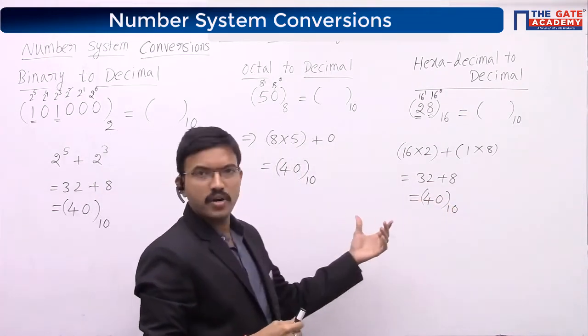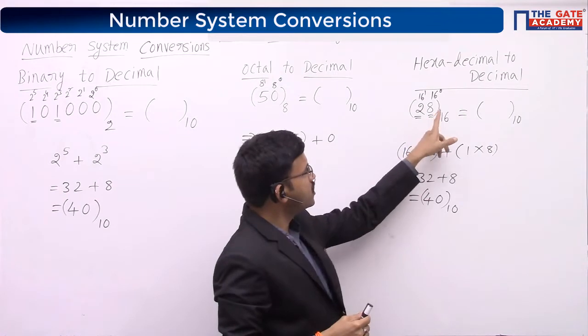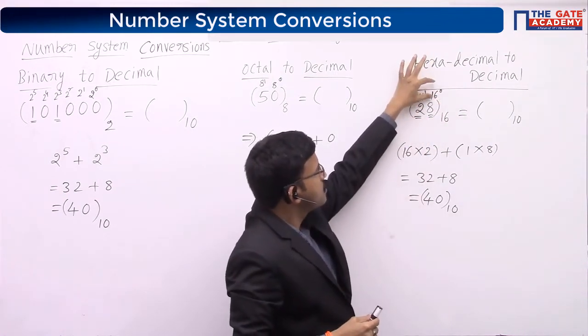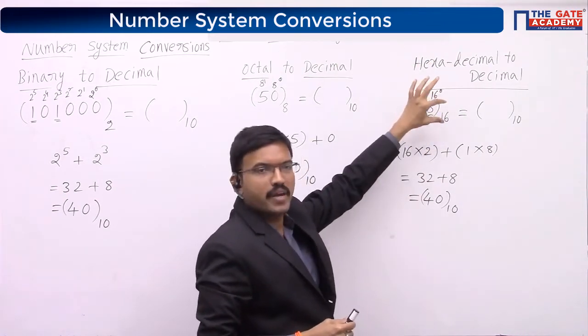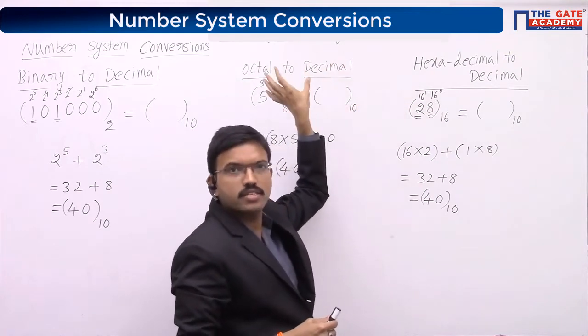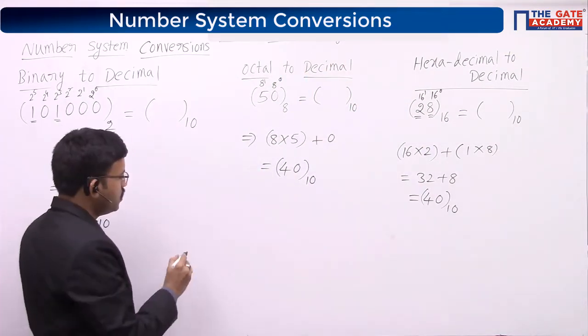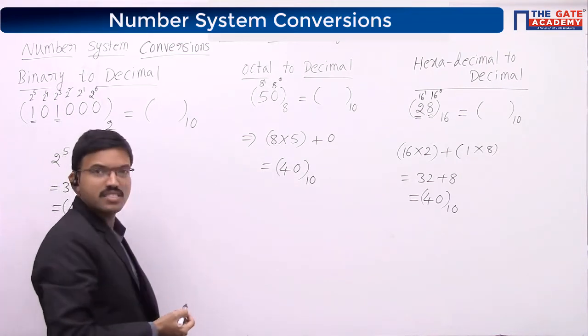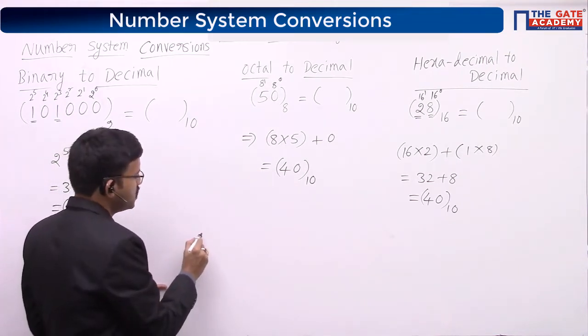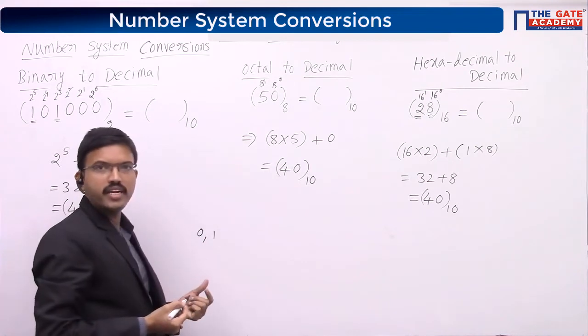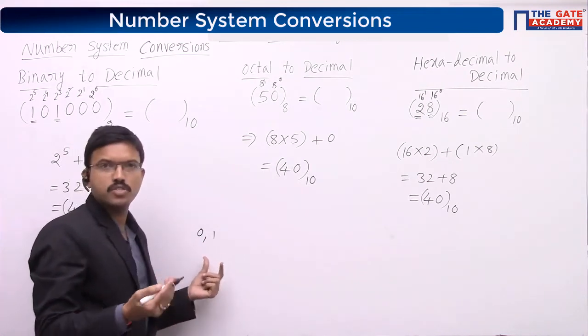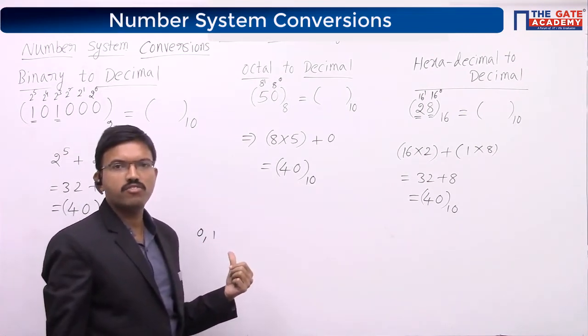Yeah, for the integer part, we will start the positional weights from power 0: base power 0, base power 1, like that, for the integer part. See, very simple. In binary, the base is 2. For a single digit, you can represent 0 or 1. Right? So when you are adding 2 numbers in binary, what will happen?